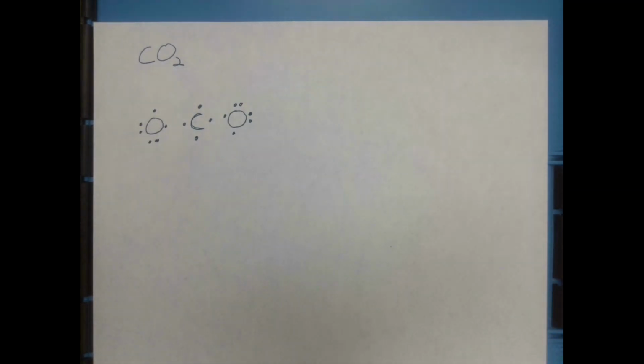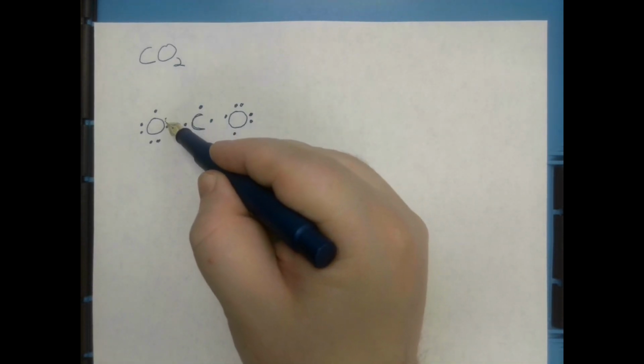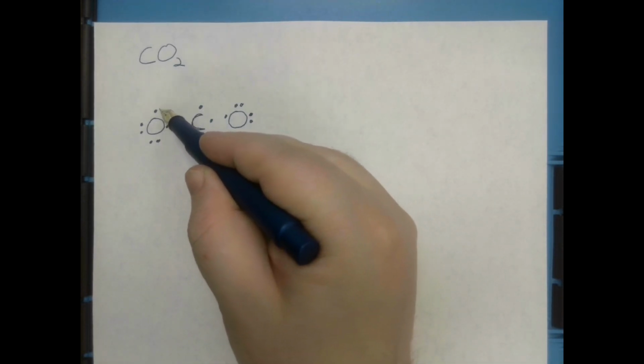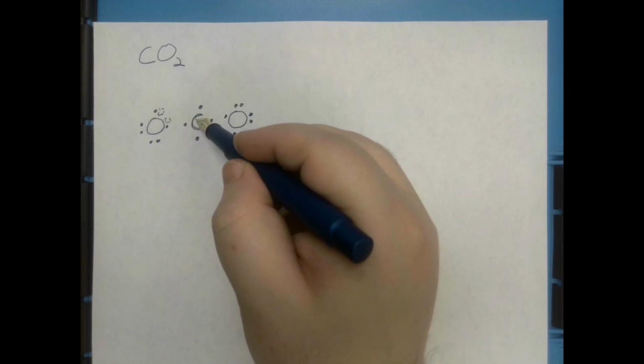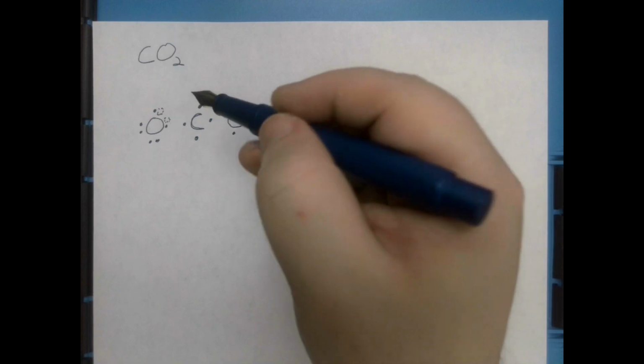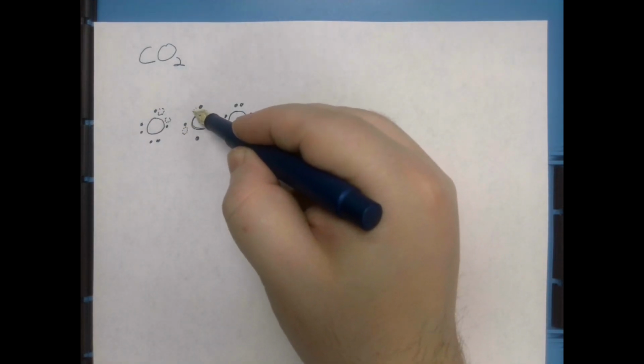Recall that each atom wants 8 valence electrons. So we can see oxygen is missing 2, and carbon is missing 4. We can see that we can pair these up right here.